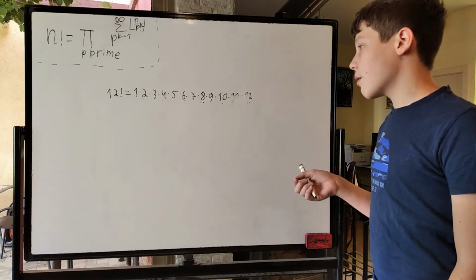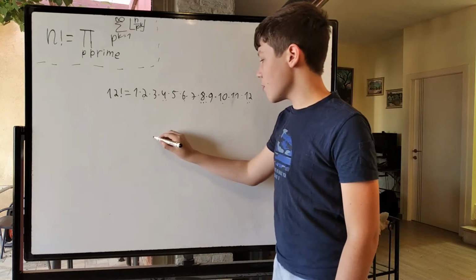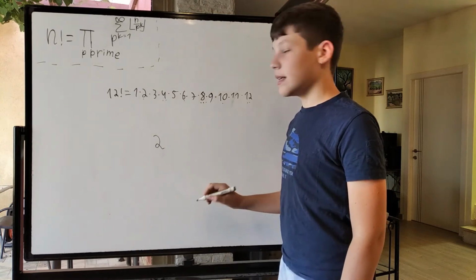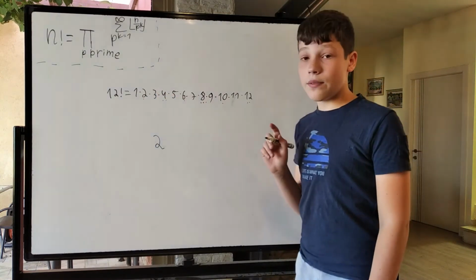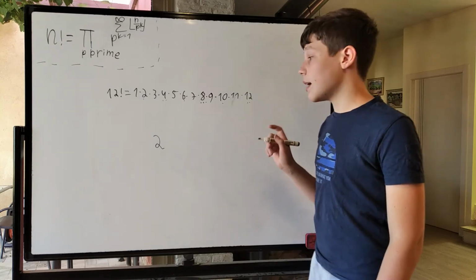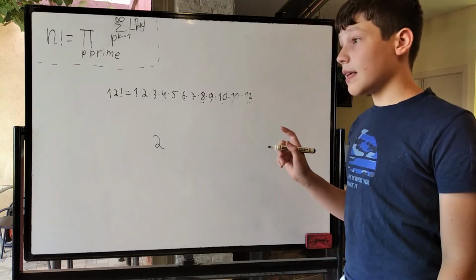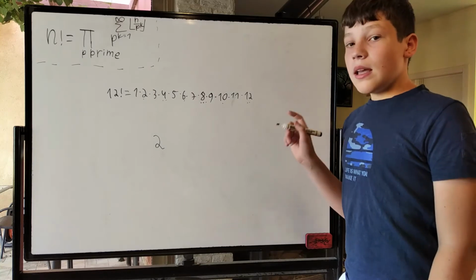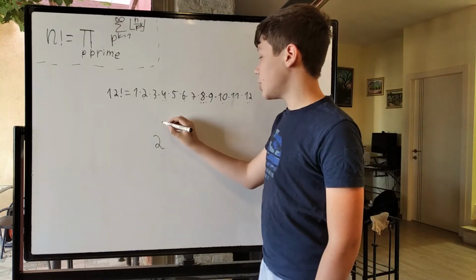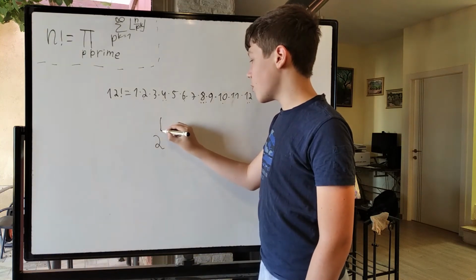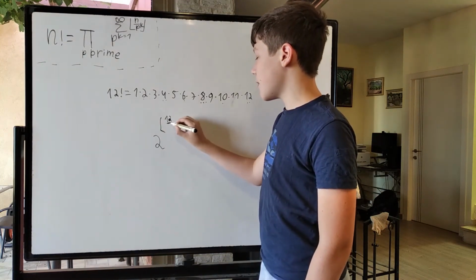So what did we do here? So the power of 2 is this. First of all, we looked at all even numbers and accounted for each one as 1 power of 2. That's the amount of numbers divisible by 2, smaller than or equal to 12, which is the floor of 12 divided by 2.